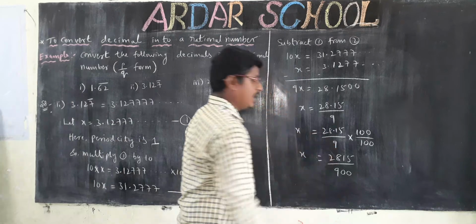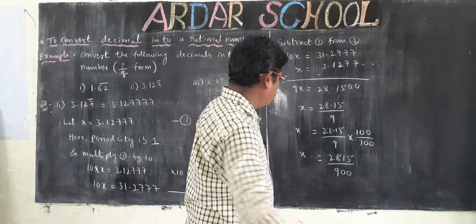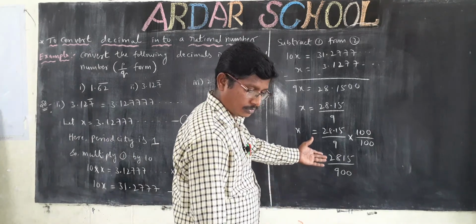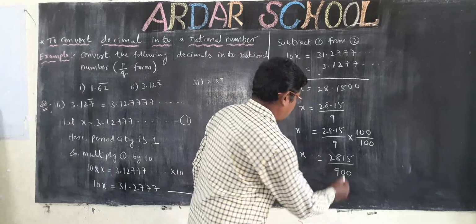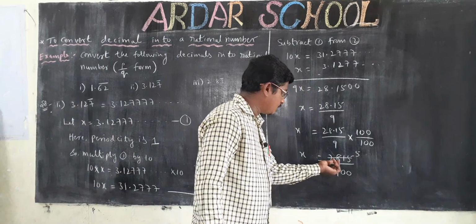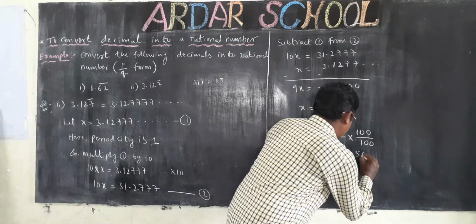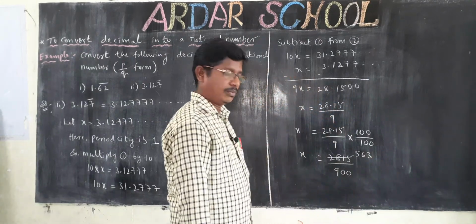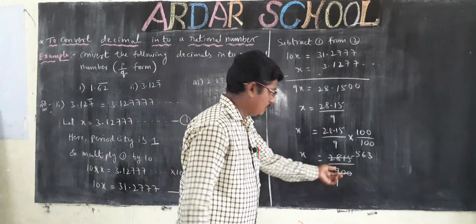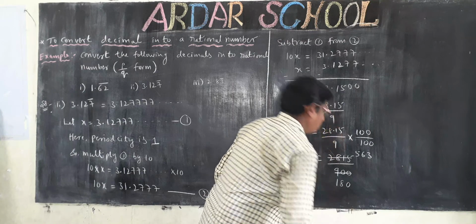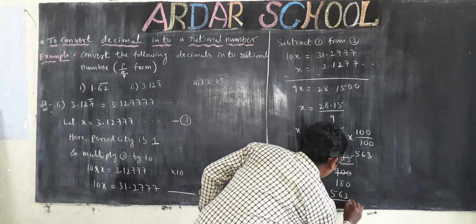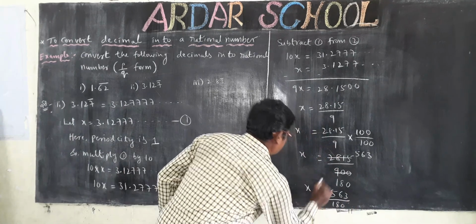Now we have to cancel this with 5. 5 5s are 25, 28 minus 25 is 3, 31, 5 6s are 30, 5 3s are 15, next 5 1s are 5, remainder is 4, 5 8s are 40, 0, 180. This is 563 by 180.